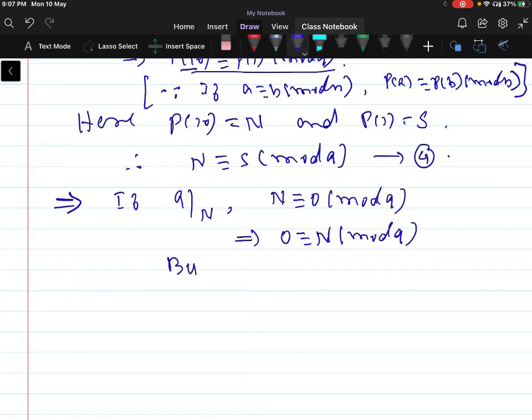But n is congruent to s modulo 9, from equation 4.